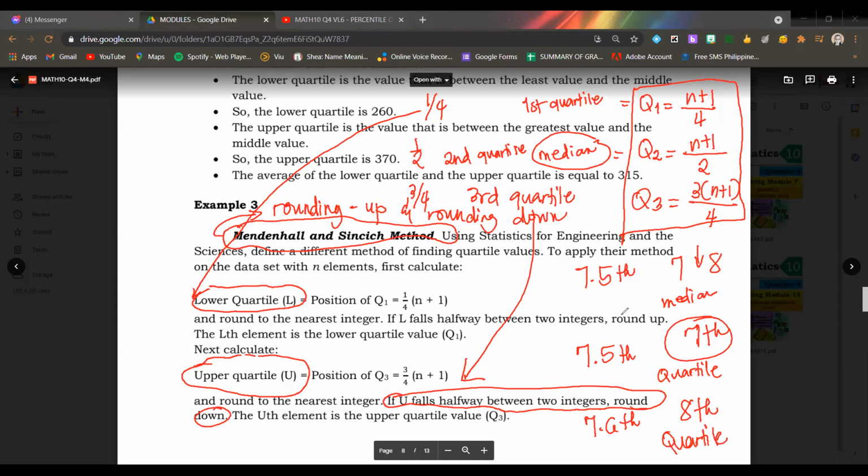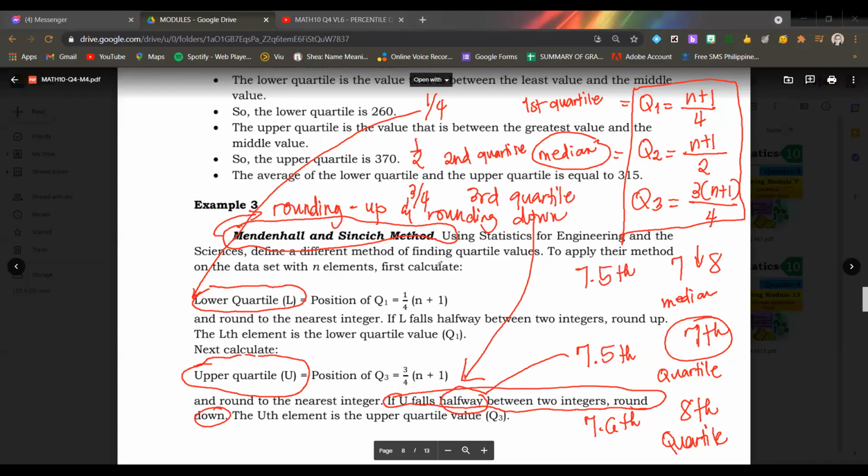So, makikita niyo yung difference ng dalawa. Kasi ito, nasa halfway. Sabi nga, it is in the halfway. And the other one is more than the halfway of the two integers. Okay? So, ang makikita nyo dito sa Mendenhall, hindi siya specific.